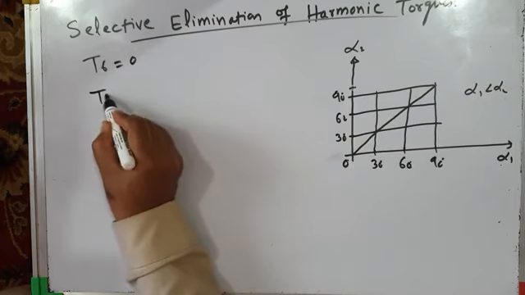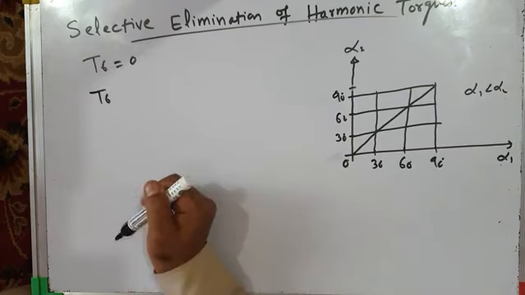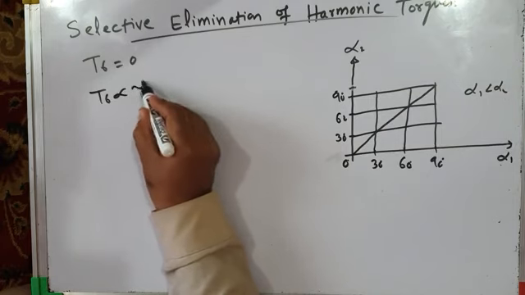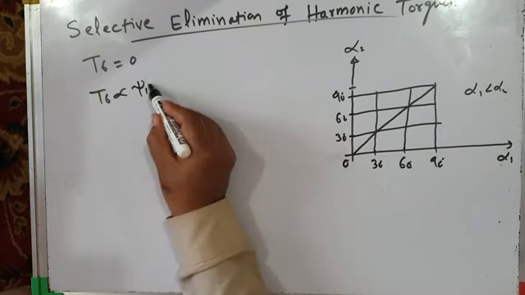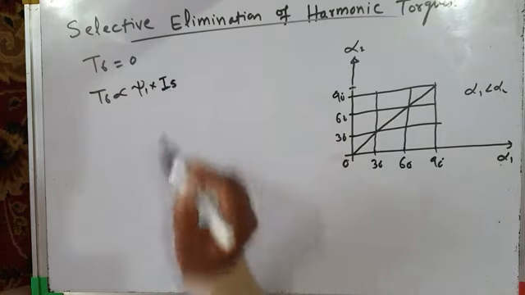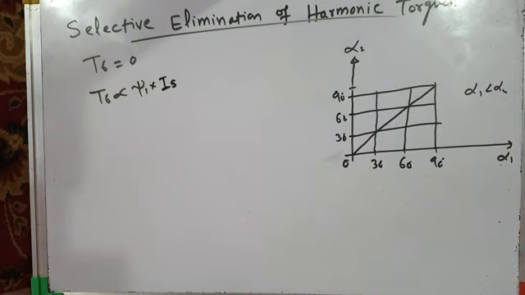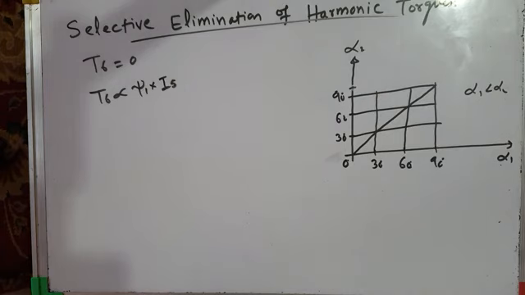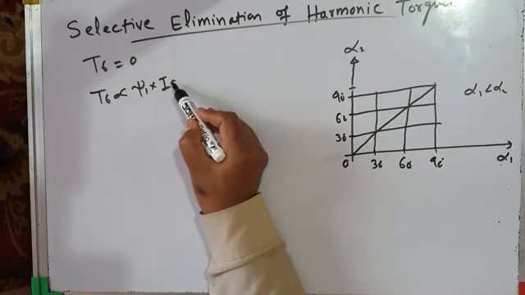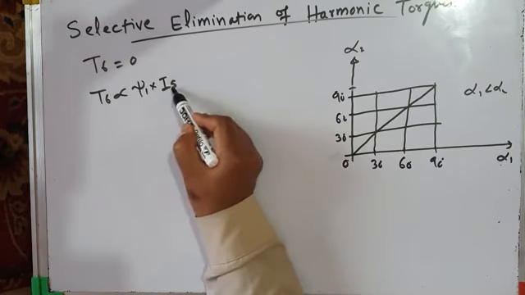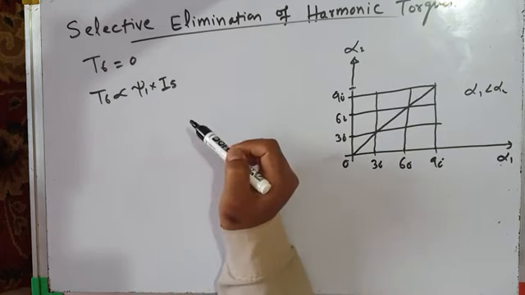We have seen in the last class that the sixth harmonic torque is basically produced by the interaction of fundamental flux on the stator side and, say, fifth harmonic current on the rotor side. I told you that the harmonic torques are because of interaction of stator fundamental flux and rotor harmonic currents. Stator fundamental flux is phi1, and the rotor side harmonic current you can take as the fifth harmonic component of current. So interaction of phi1 and I5 produces sixth harmonic torque.